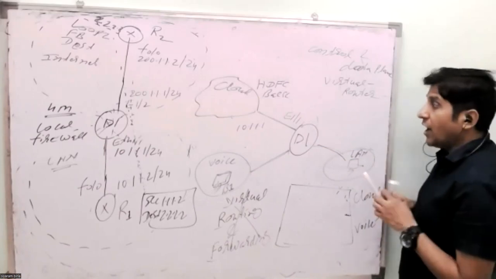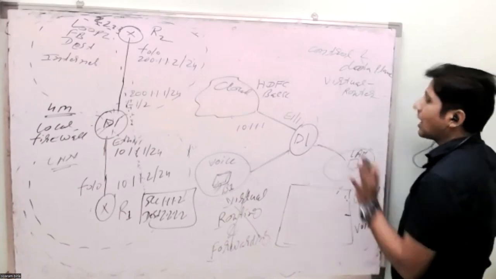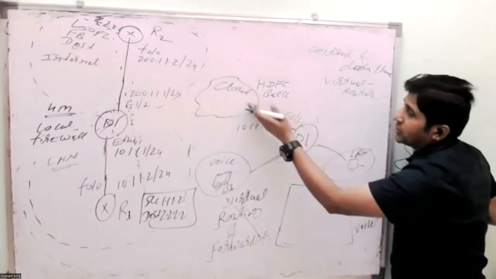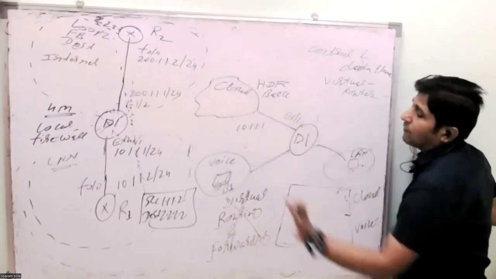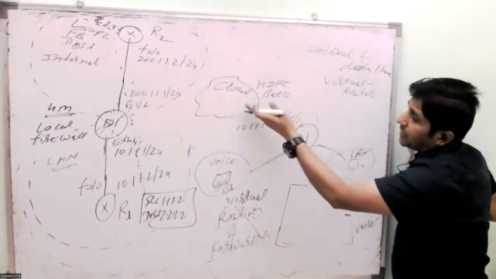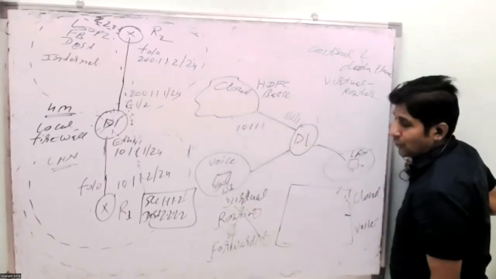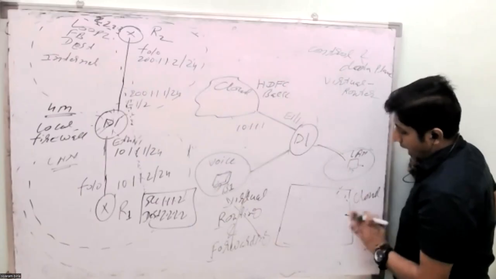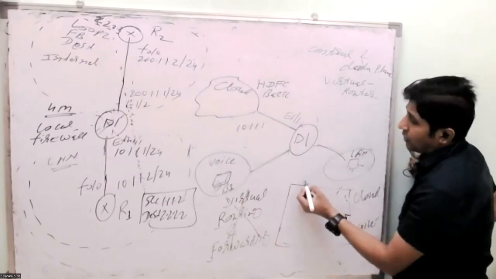And we have a cloud as well in our LAN. So I want to distinguish the cloud and voice, to separate data between cloud and voice. So what I am doing right now is default.